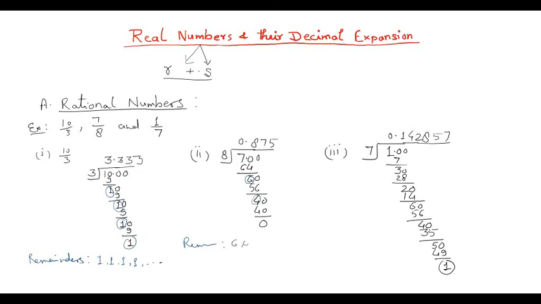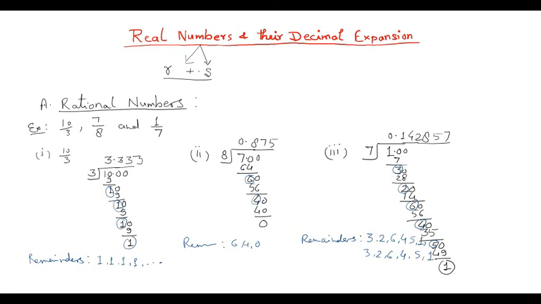And in the third case, the remainders are 3, 2, 6, 4, 5, and 1. Again it will repeat like 3, 2, 6, 4, 5, 1.